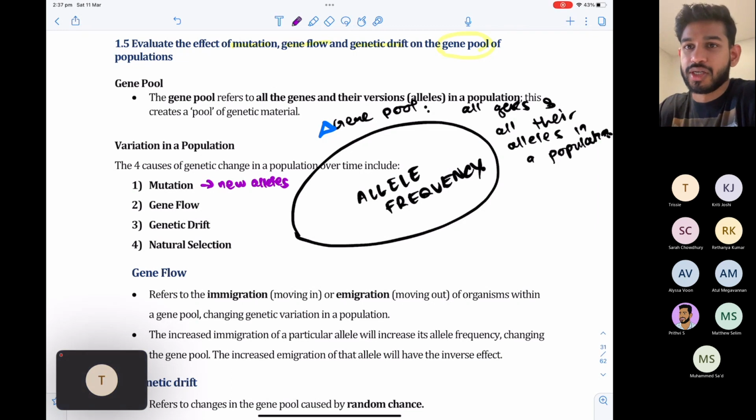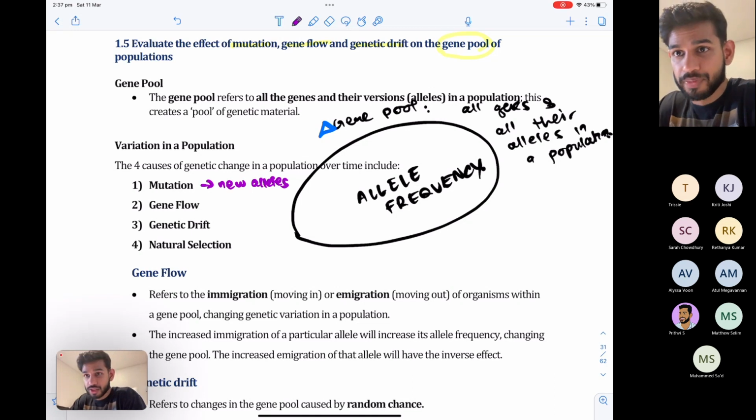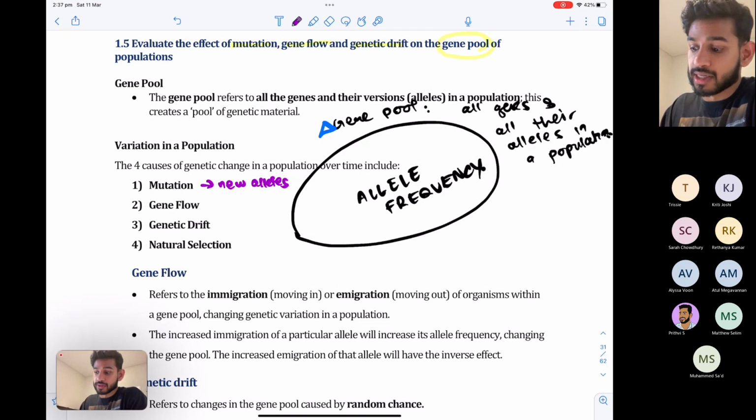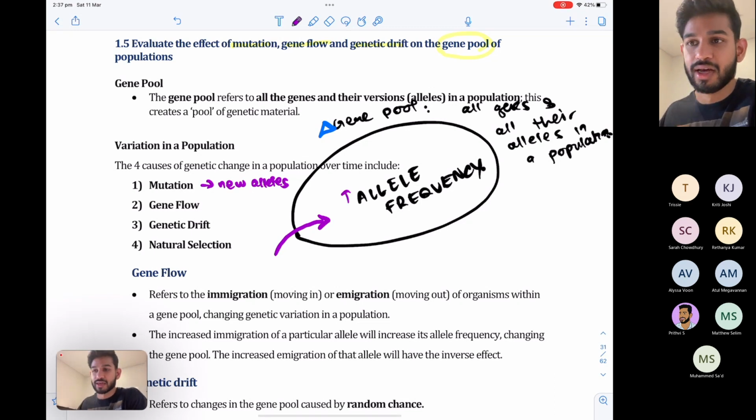Yeah, that's literally it. Gene flow, I think it's too fancy of a word. Gene flow is literally talking about immigration or organisms entering the gene pool, or emigration, organisms leaving the gene pool, right? And it makes very logical sense. If organisms enter the gene pool, the alleles they carry increase in allele frequency.